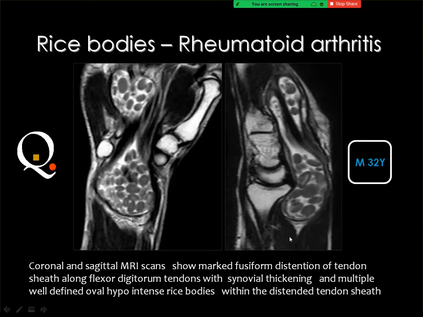But actually, whenever I see this case, I say that this is synovial osteochondromatosis because the lesions are very big to be described as rice bodies. But the answer, if you say that this is synovial chondromatosis, you are right.